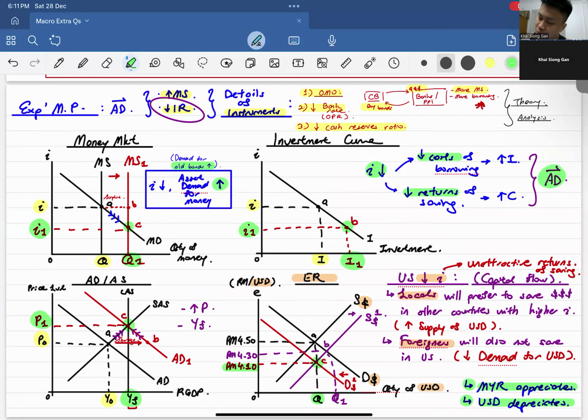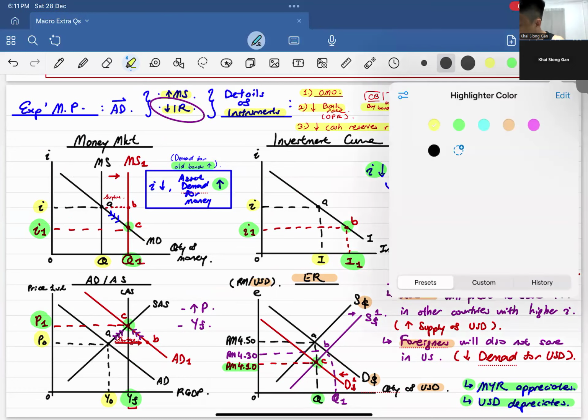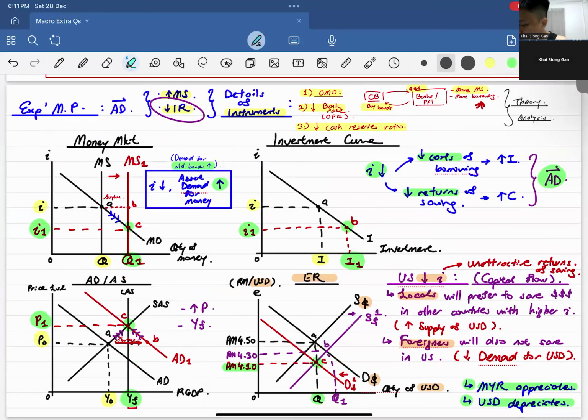Okay, so from here we can draw a conclusion also. We can say that when a country uses expansionary monetary policy, which includes higher money supply and lower interest rate, it could result in the country having depreciation in its currency.